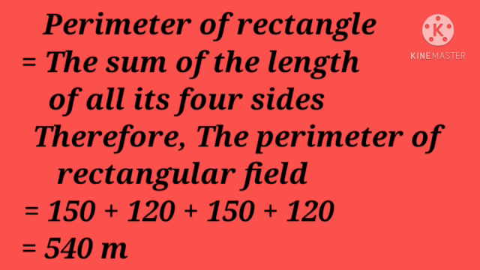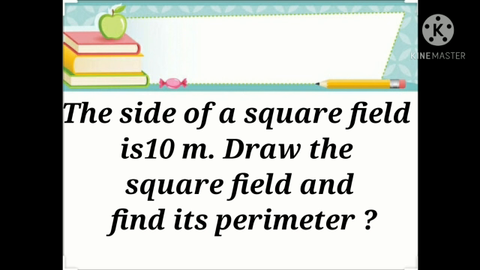Therefore, the perimeter of the rectangular field is equal to 150 plus 120 plus 150 plus 120, that is equal to 540 meter.